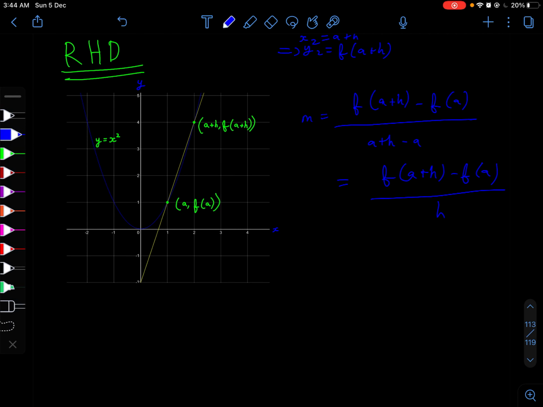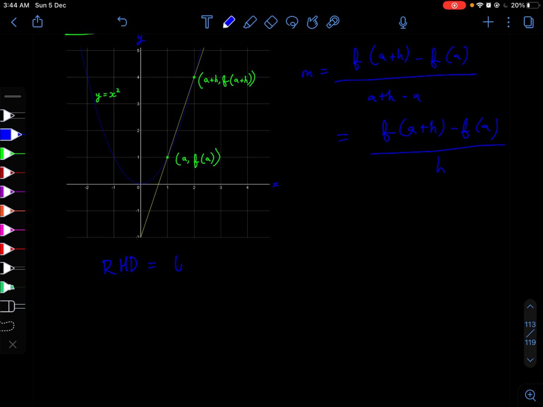So we are saying that the right hand derivative is equal to the limit as h tends to 0 from the positive side, therefore plus, because we're reducing the value of h. So we started at 1 in this example, and then 0.95, 0.9.